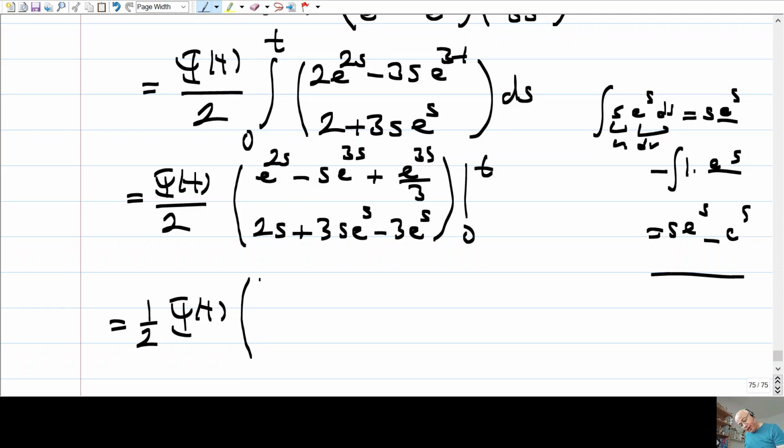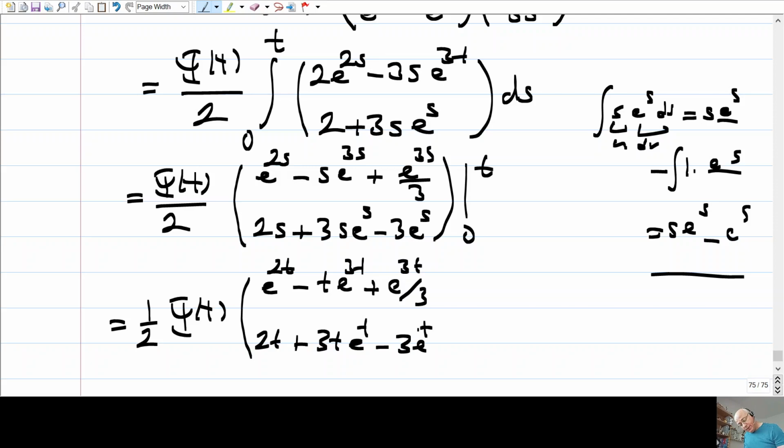T koyduğuma göre e üzeri 2t eksi t çarpı e üzeri 3t artı e üzeri 3t bölü 3, 2t artı 3t e üzeri t eksi 3 e üzeri t, eksi 0 koyuyorum. 0 koyduğumda dikkat ederseniz buradan bir constant gelecek.